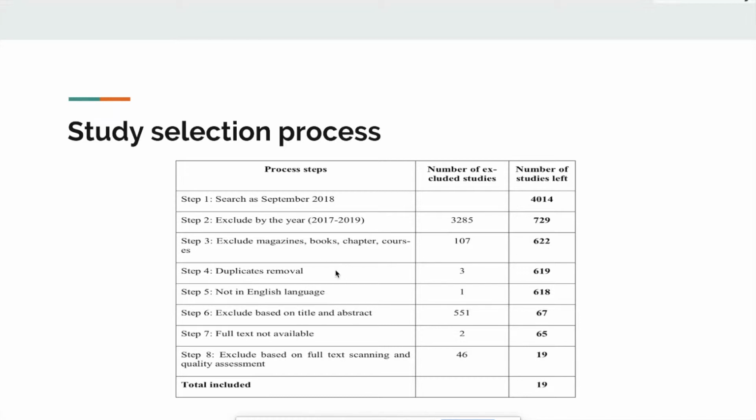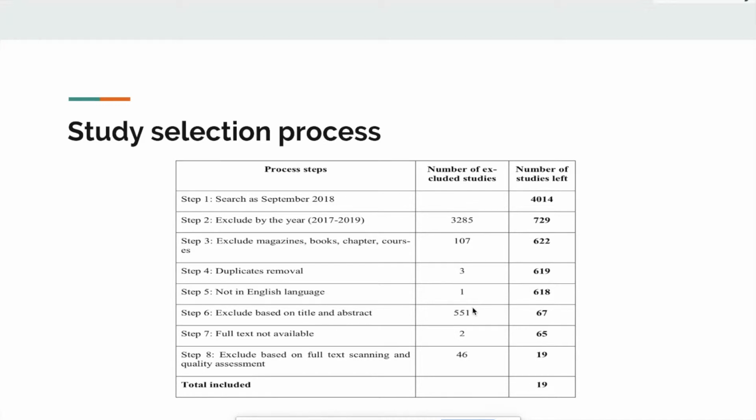Then I removed the duplicates and the papers which were not in English. After removing the articles which were not English, I had 618 studies. Then I excluded the papers based on title and abstract.